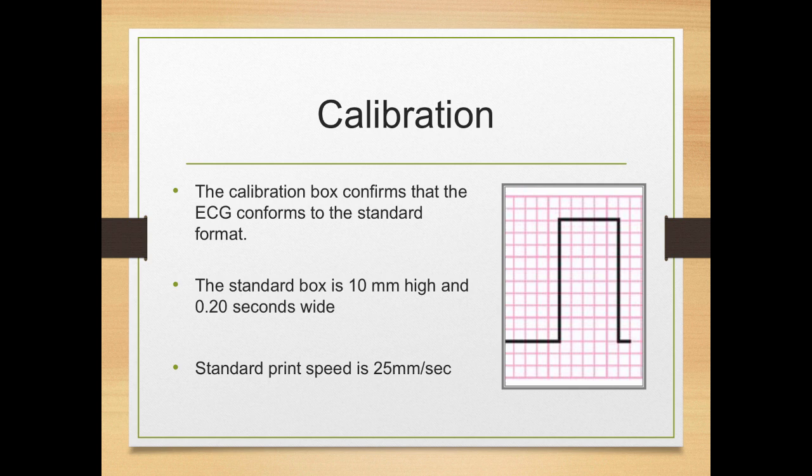This tells us that this is printing out at a speed of 25 millimeters per second, and that's our standard speed. So this is our standard calibration, 10 millimeters high and 0.2 seconds wide, and that gives us a standard print speed of 25 millimeters per second.